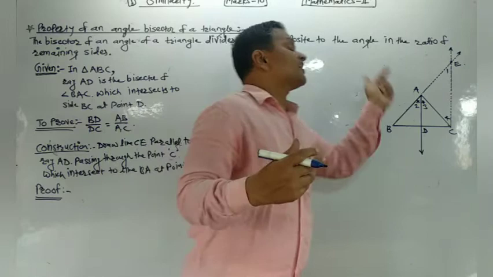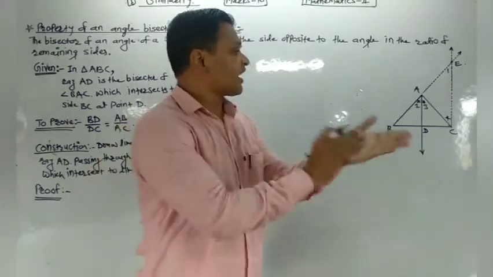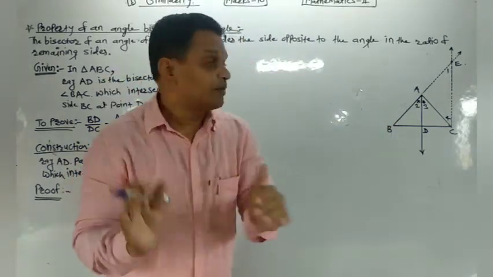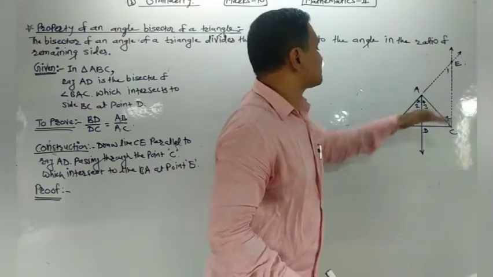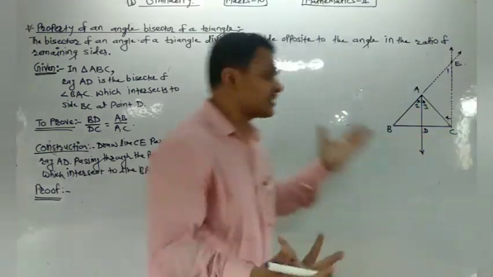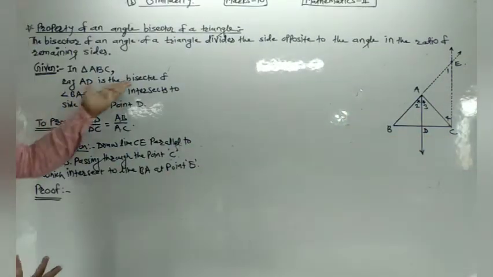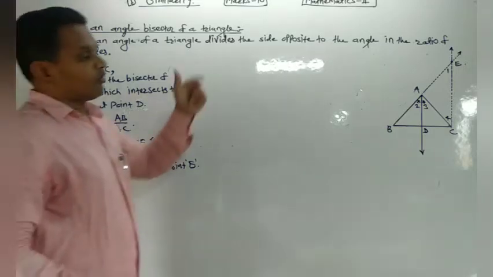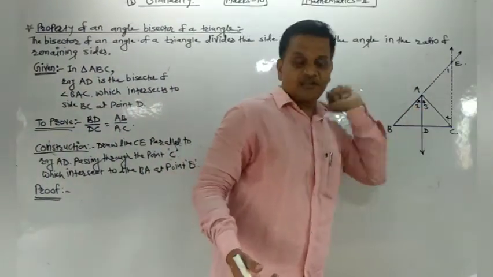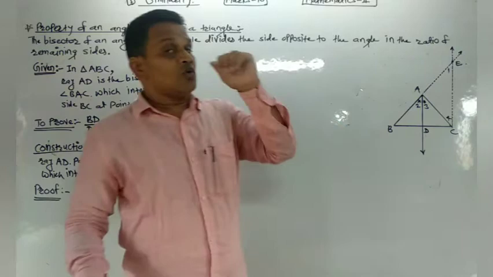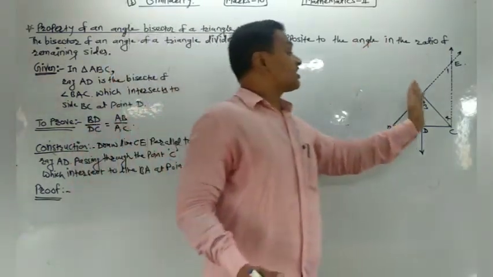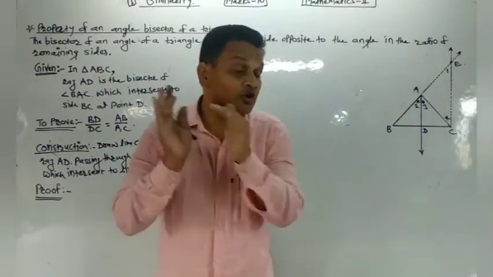Now angle 2 and angle 3 are also congruent. Why? Because ray AD is the bisector of angle BAC. Who said this? It is here in the given. Now we can show that angle 3 is also congruent to angle 4. Why?